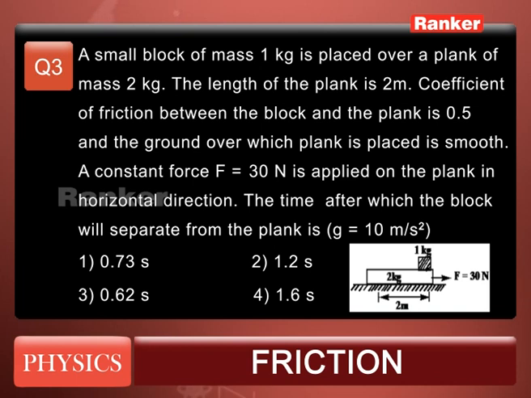A constant force F equal to 30 Newton is applied on the plank in the horizontal direction. So, the time after which the block will separate from the plank, this we have to calculate.